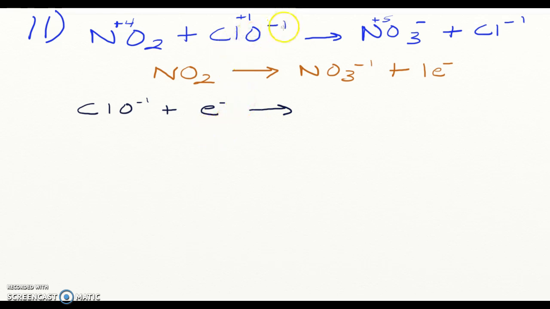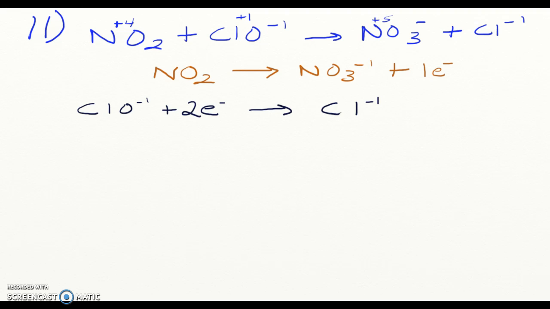The reason I know it's gaining is because it goes from a +1 chlorine to a -1. Remember, if you gain electrons, you become more negative, and so this makes chlorine minus 1. Alright, let's think about this for a moment. Since this is +1, it has to go from +1 to 0, then to -1. So it is a total of 2 electrons in that transaction.